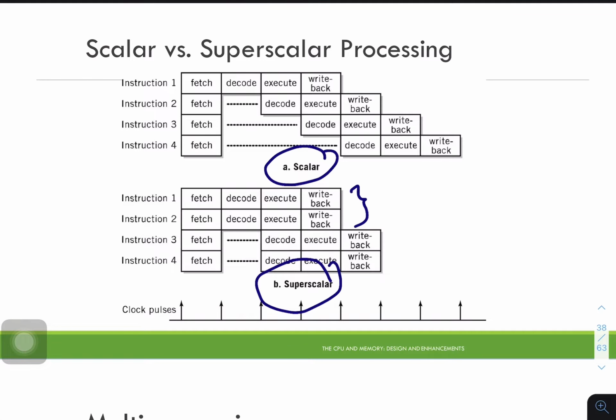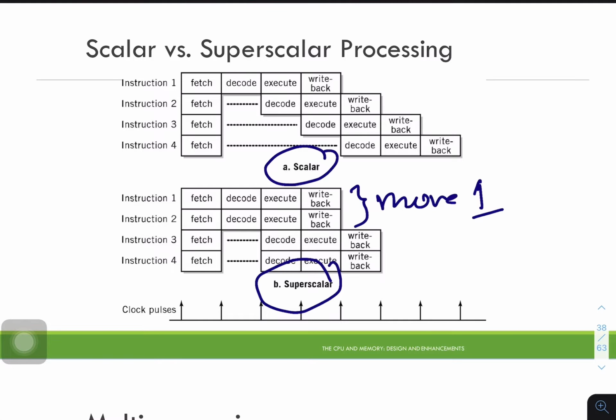In pipelining, the instruction that can be fetched in one time is one instruction only. But in superscalar, the CPU can fetch more than one instruction per time. So that is the only difference between scalar and superscalar, or pipelining and superscalar.